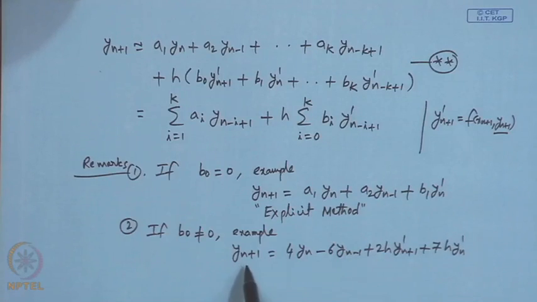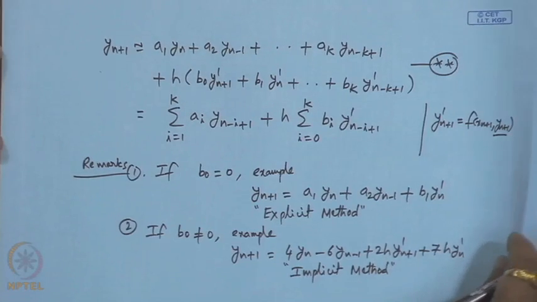So, look at that, we are computing y n plus 1 and the right hand side demands y n plus 1, because to compute y n plus 1 prime we need y n plus 1. So, this is an implicit method. Why? Because you are computing y n plus 1, but the right hand side also demands y n plus 1. Therefore, this is an implicit method.